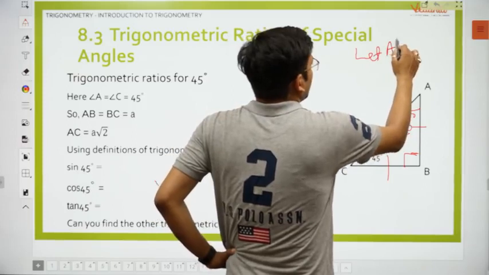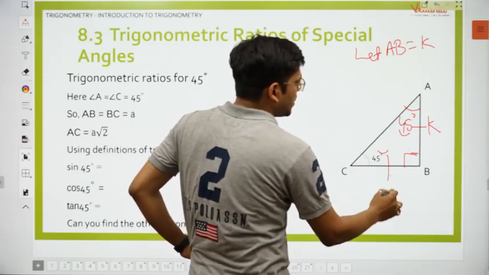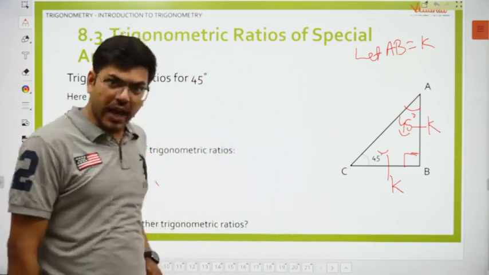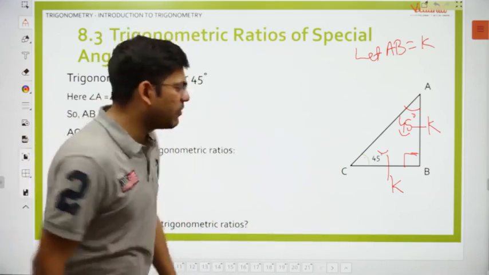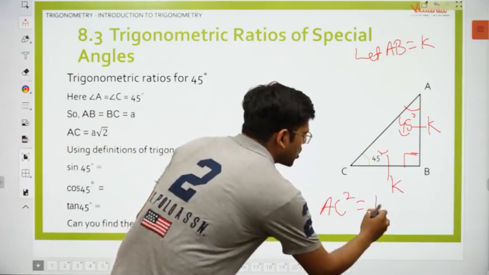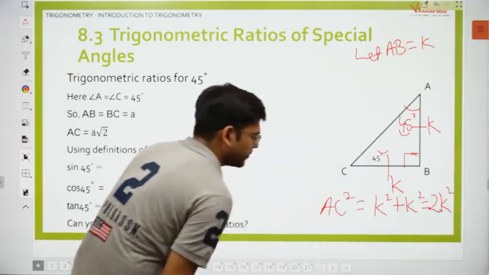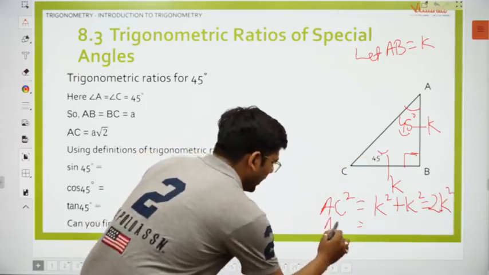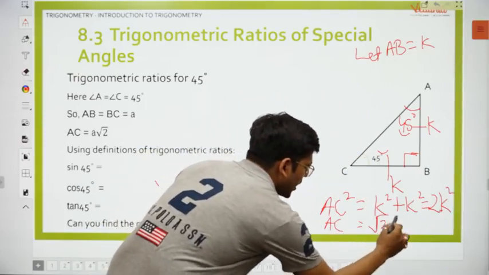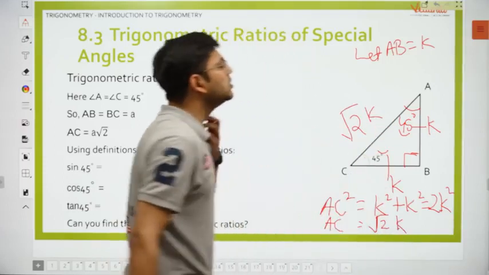Let AB be equal to K, then BC will also be equal to K. Apply Pythagoras theorem. I won't apply it this time for you. I will just directly write AC squared is equal to K squared plus K squared, equal to 2K squared, so AC will be equal to root 2 K.